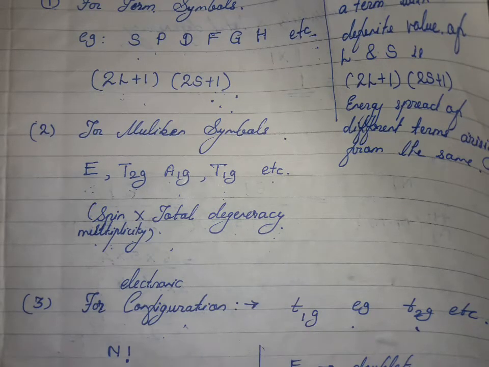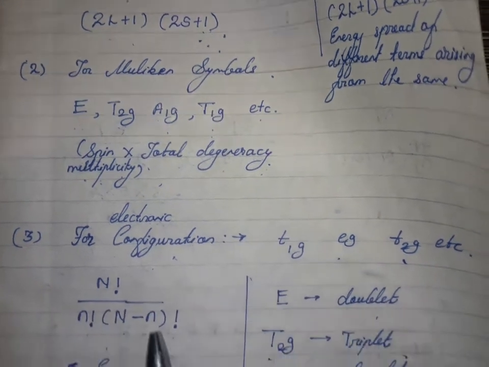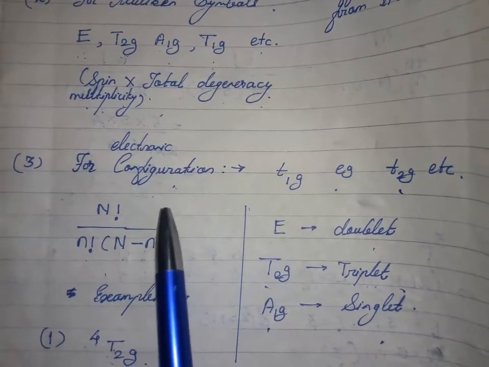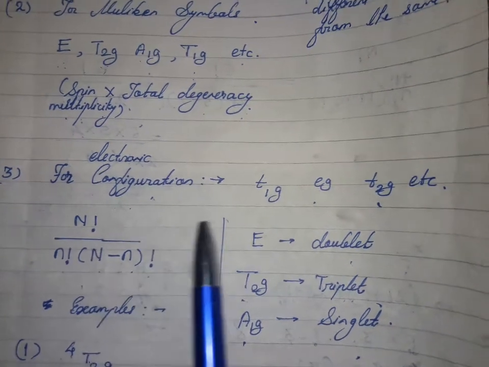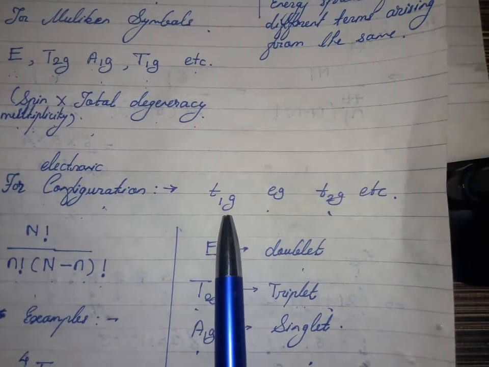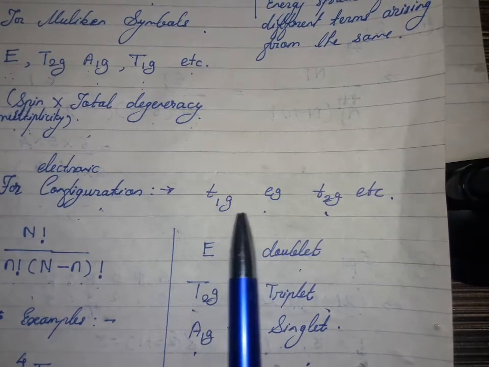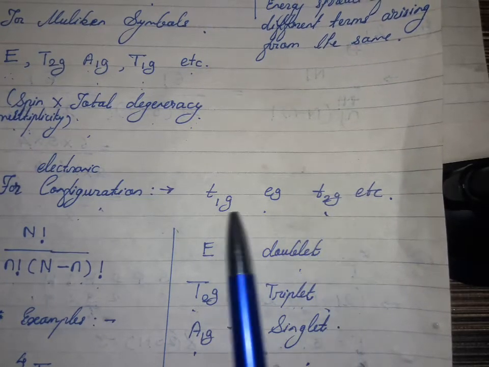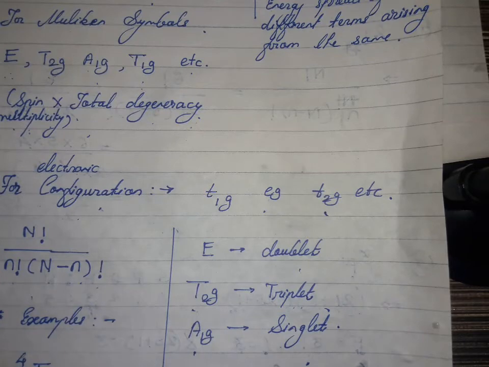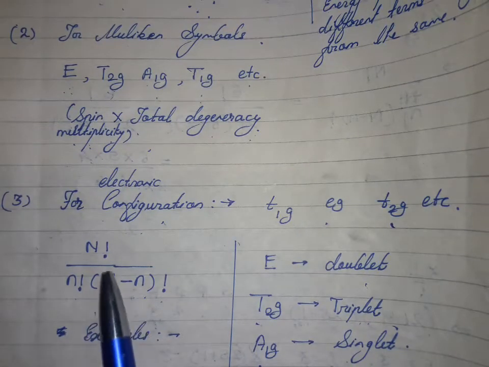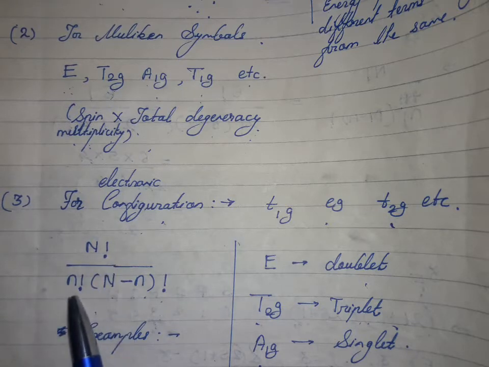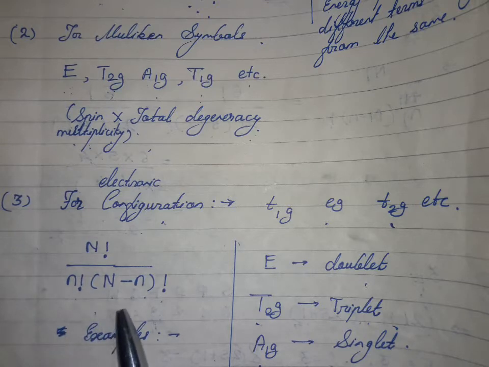Then the third one is electronic configuration. There are different configurations like T1G, EG, T2G, etc., and we can calculate degeneracy by using the formula capital N factorial divided by small n factorial into (capital N minus small n) factorial.